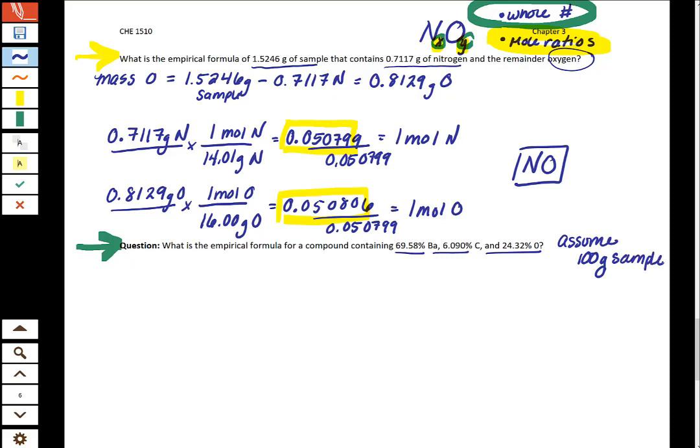The reason we assume a 100-gram sample is because with this assumption, your percentage, you just replace it with a gram, because 1 percentage point equals 1 gram if we assume a 100-gram sample, which sounds great.